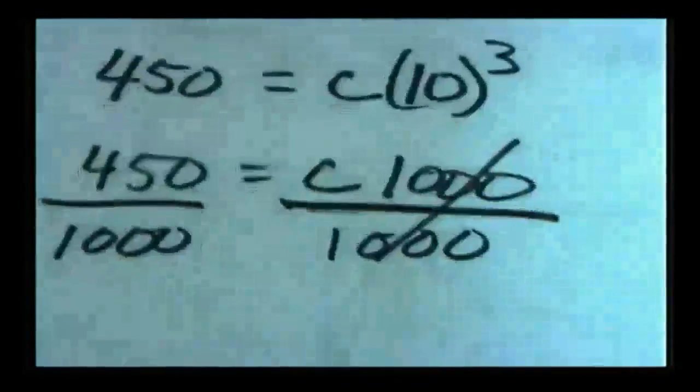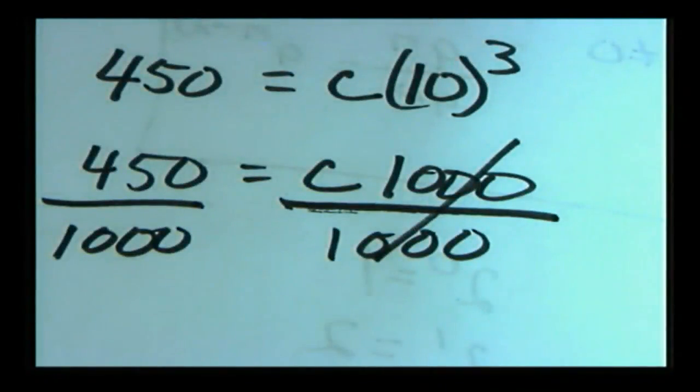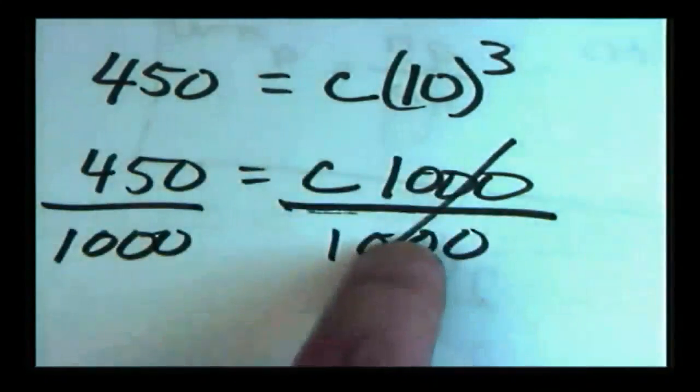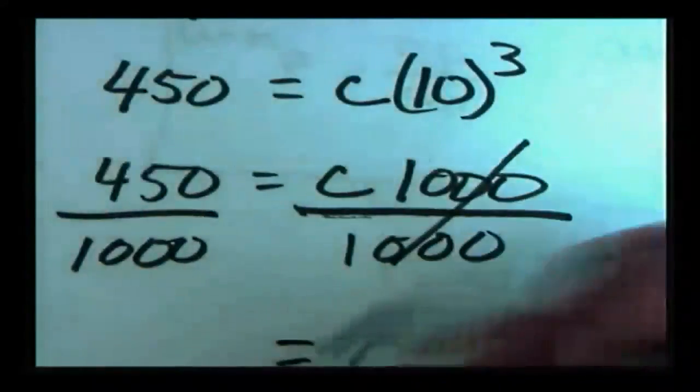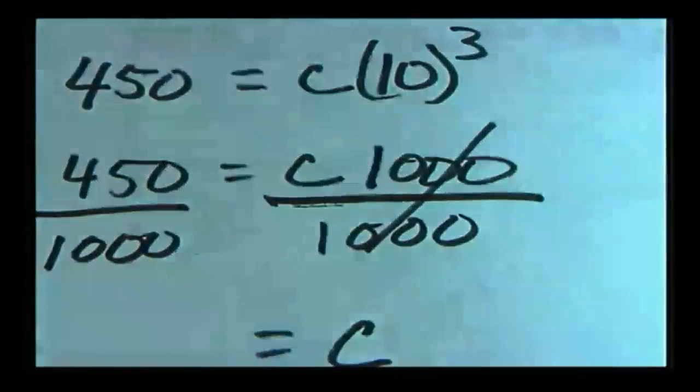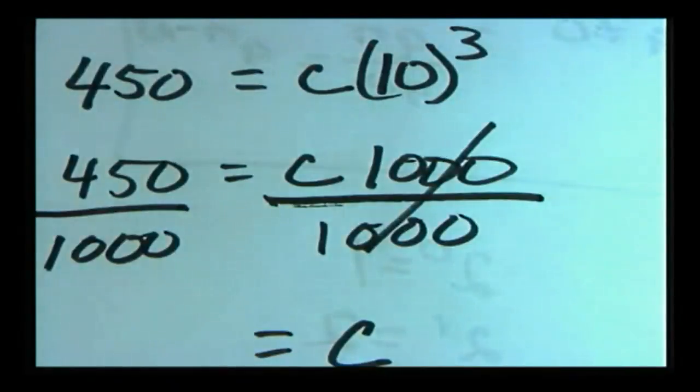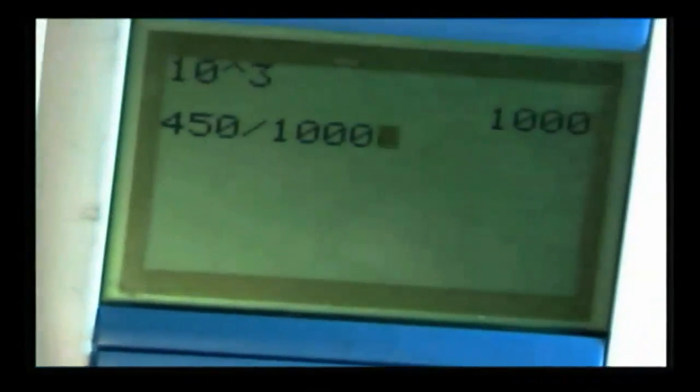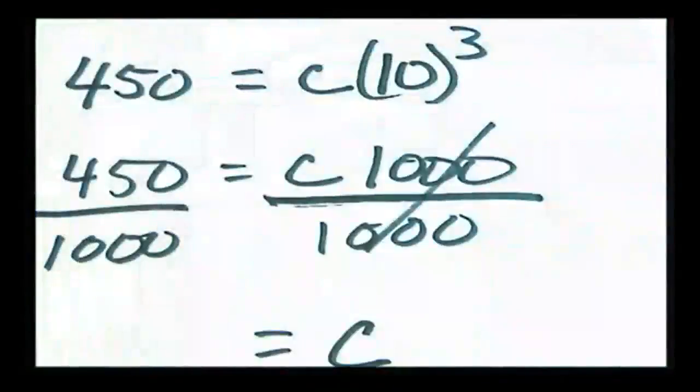It's the first rule of algebra. C times 1,000 divided by 1,000 just leaves me with C on the right hand side. And 450 divided by 1,000 is a horrible number, like 0.45.